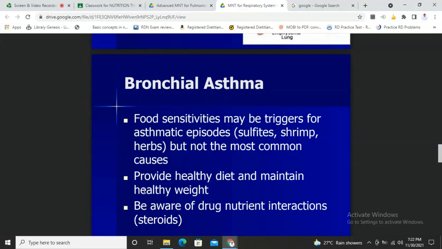Lahi man ang food sensitivities sa food intolerance, di ba? Nag-explain na nako na last time. So usually, ang mga food triggers sa asthma kay foods with high amounts of sulfites like mga processed meats, seafoods like shrimp, and some herbs. Okay? Ang uban kay chicken, di ba? Okay. So, ang uban eggs.